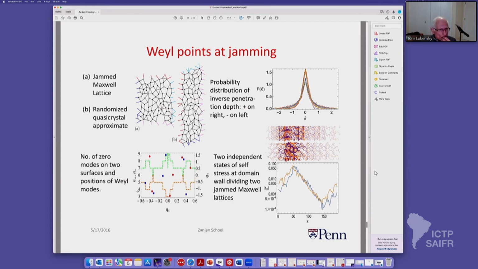So if we look at N plus and N minus, the green line are the zero modes at the top, surface modes. The orange line are the zero modes at the bottom, and the blue and red are plus and minus vial modes.